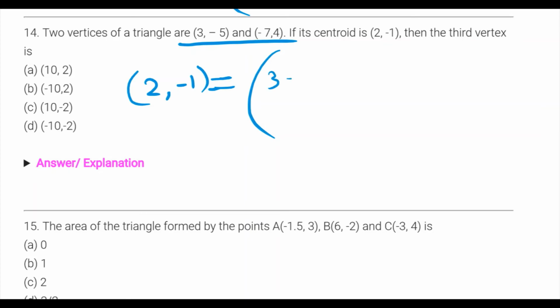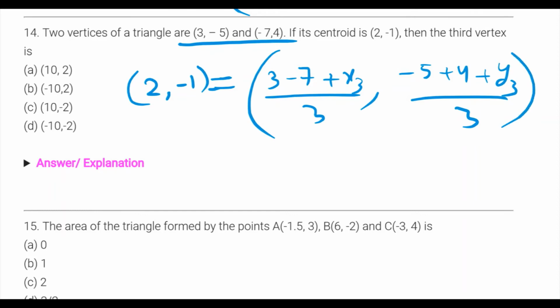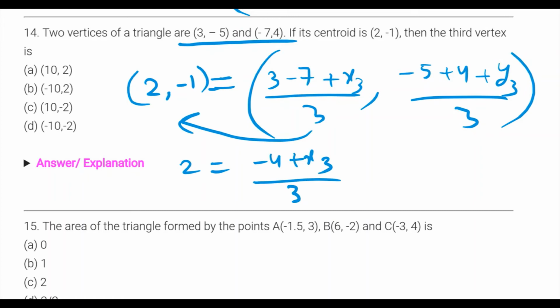So (3 minus 7 plus x3) by 3, comma (minus 5 plus 4 plus y3) by 3. Equating the x coordinates, 2 equals (3 minus 7 is -4, plus x3) by 3. 6 equals -4 plus x3, that implies x3 equals 10.